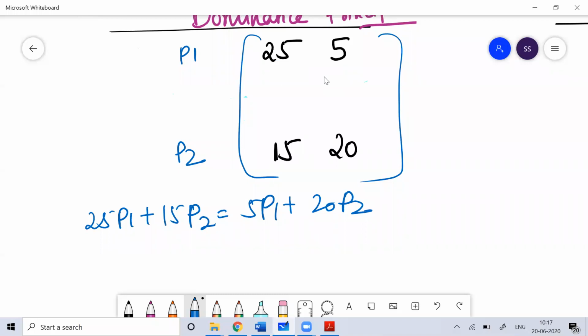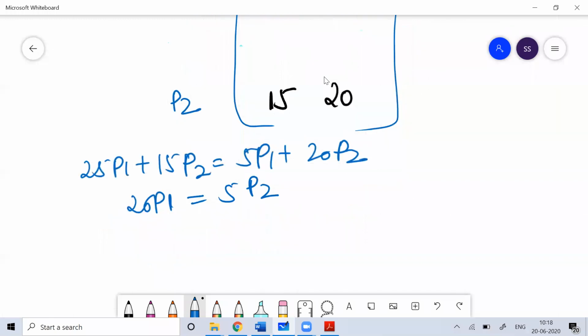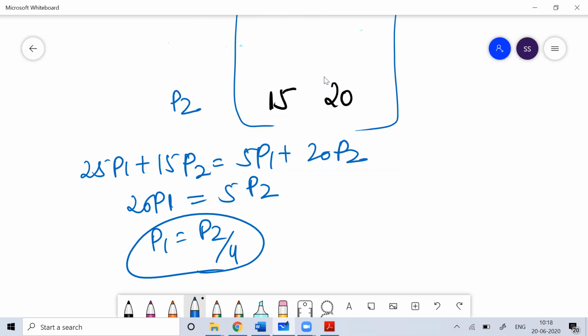If I bring P1 to this side, this becomes 20 P1 is equal to 5 P2, so P1 is equal to P2 by 4. And you know that P1 plus P2 equals 1, the total sum of probability is equal to 1. There's no confusion on that part.